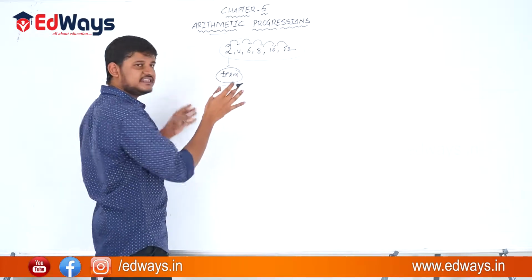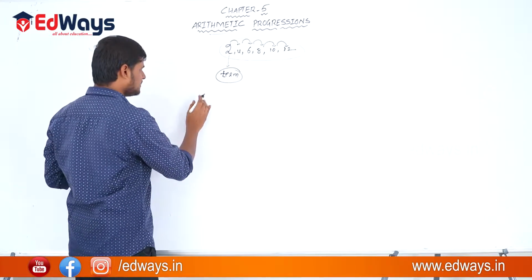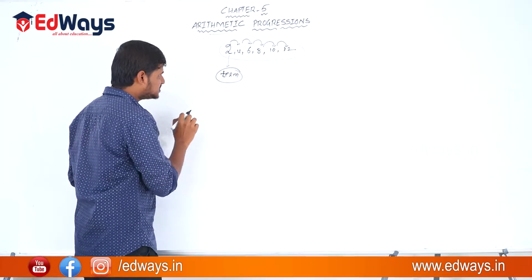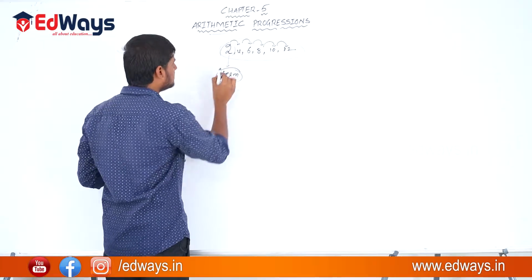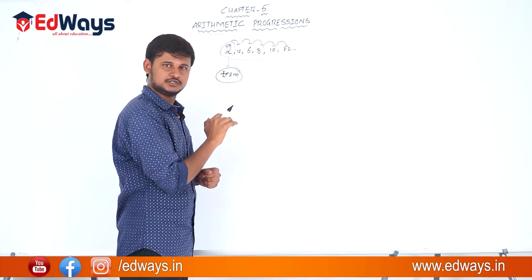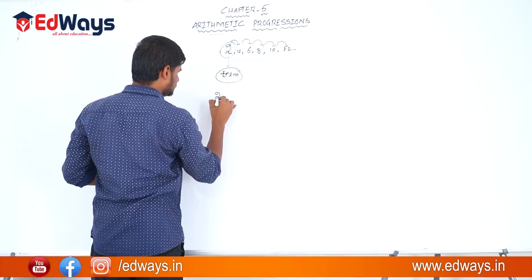So how do we define the arithmetic progression? An arithmetic progression is a list of numbers in which each term is obtained by adding a fixed number to the preceding term, except the first term. Take the first term 2.